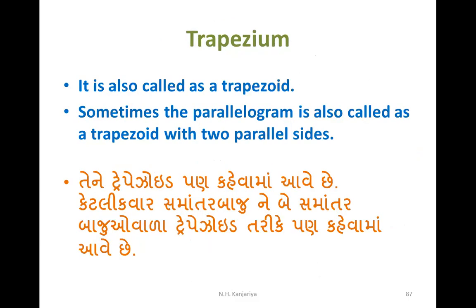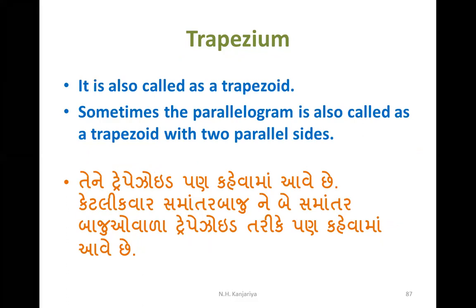Second, a trapezium is known as a trapezoid. Both are similar names. Sometimes a parallelogram is also called a trapezium with two parallel sides, but that is not required every time because a parallelogram is not a trapezoid. A parallelogram has all opposite sides equal.